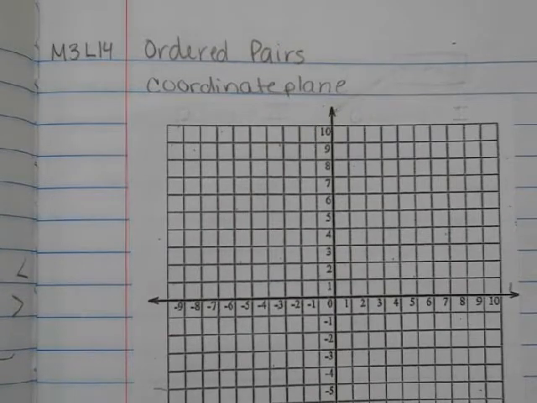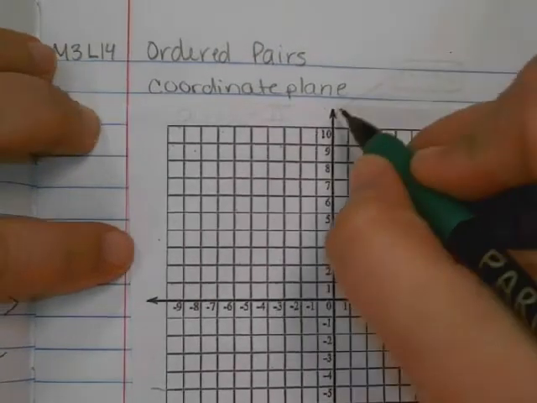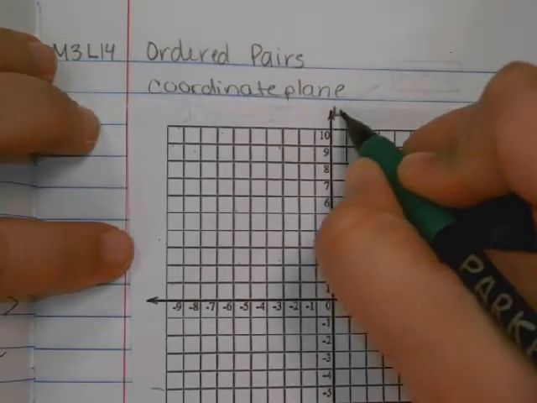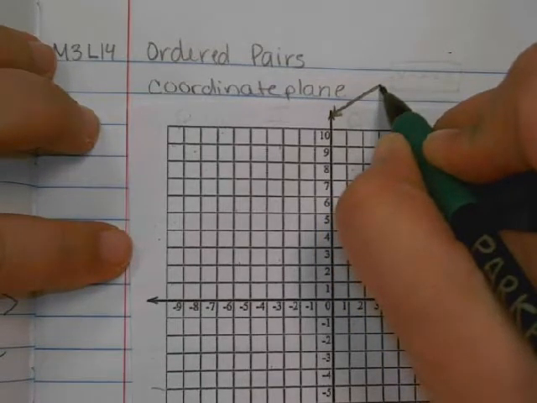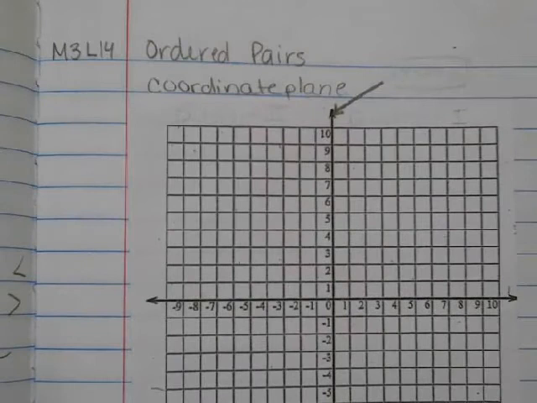A coordinate plane is a group of lines, basically, that are all put together and numbered, that allow you to find exact locations of something. This first line, this vertical line, we call our y-axis.